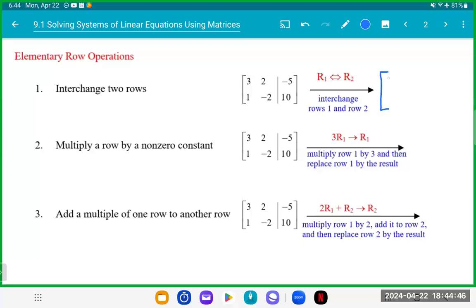We're just trading places, so it becomes 1, -2, 10, and 3, 2, -5. So that's all we did, trade places with those two rows. Okay. It's the most basic operation that we can do. Okay. Question.